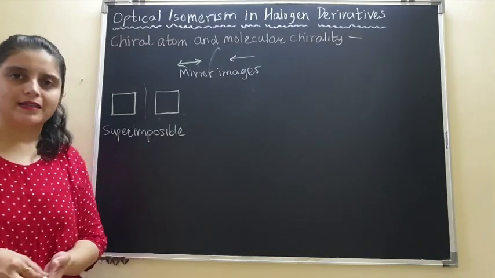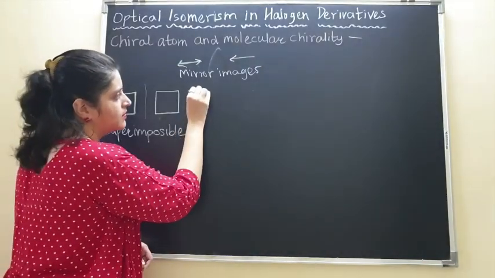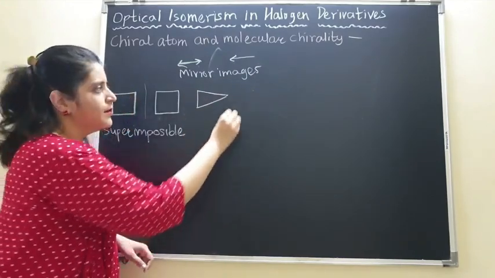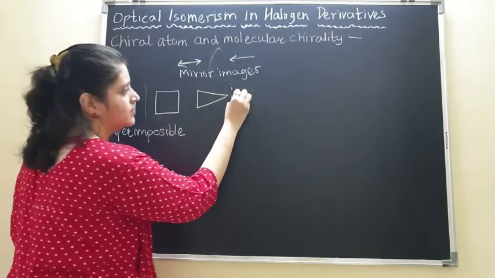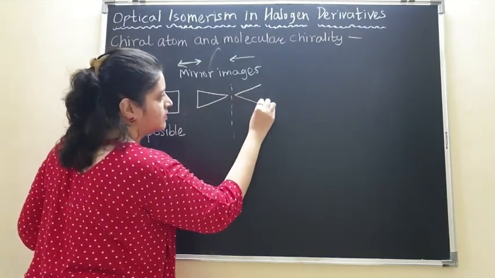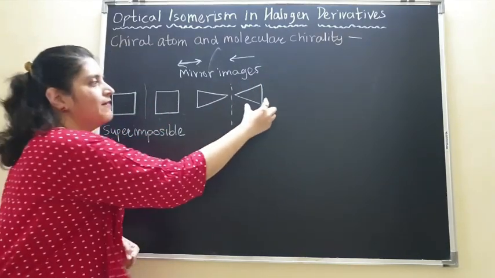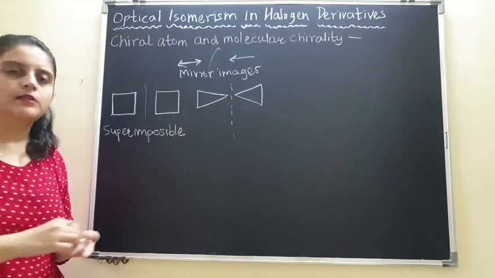Let us take one more example of this type. Now I am taking a triangle like this. Imagine that there is a mirror over here and I will draw its reflection. Now I will lift this up and try to put it on top of the first structure.